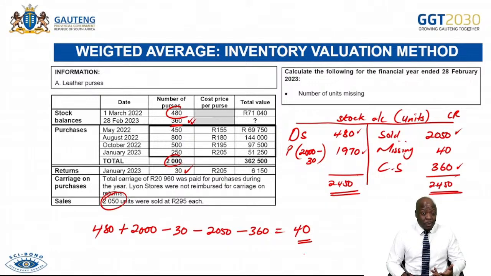Those are two ways that I've shown you to get the number of units missing. One thing that you should then prepare for are internal control measures. In the event that stock is missing, what can you do to avoid that happening in the future? Because remember, inventory is an asset, and a business must have internal control measures in place to safeguard its assets.